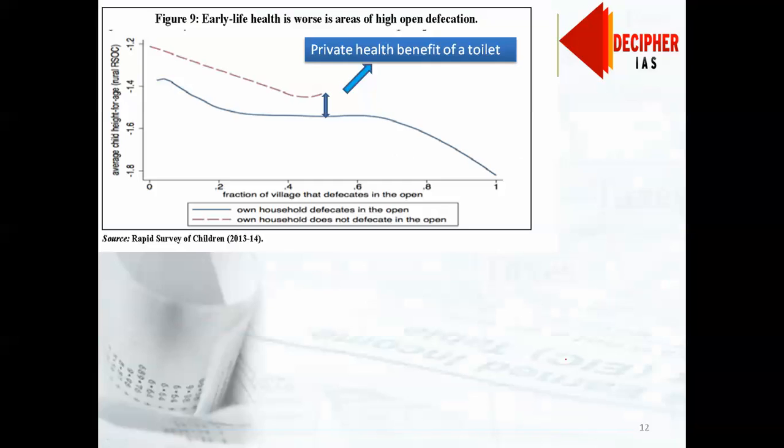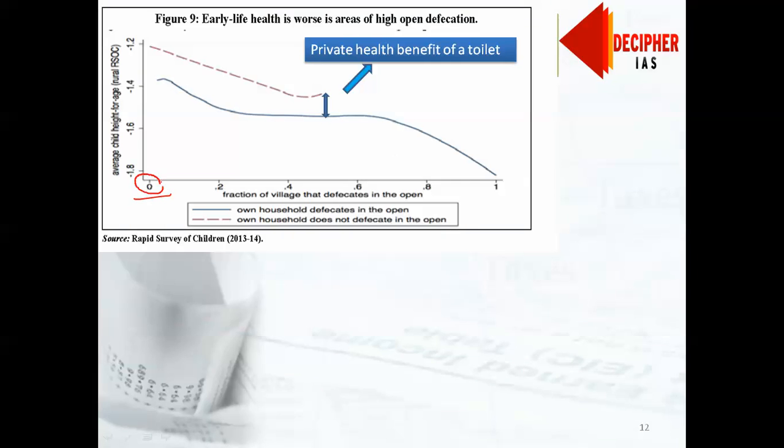Okay, so let's move to the next slide. Now, what does this slide talk about? It shows the graph between the average child height for age and the fraction of the village that defecates in the open.